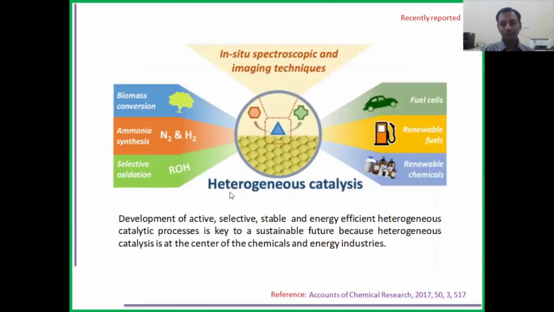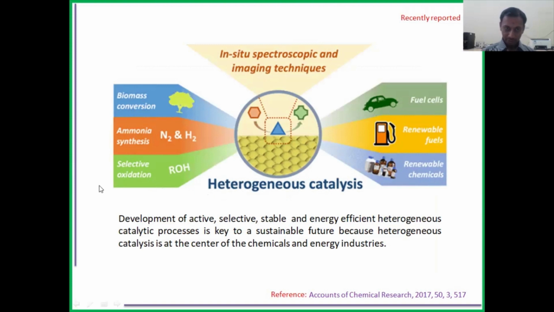The recent report in 2017 on heterogeneous catalysis said it can be used for fuel cells, renewable fuels, renewable chemicals. Here we can see biomass conversion, and ammonia synthesis is very popular in industry. Selective oxidation also, we can use heterogeneous catalysis.